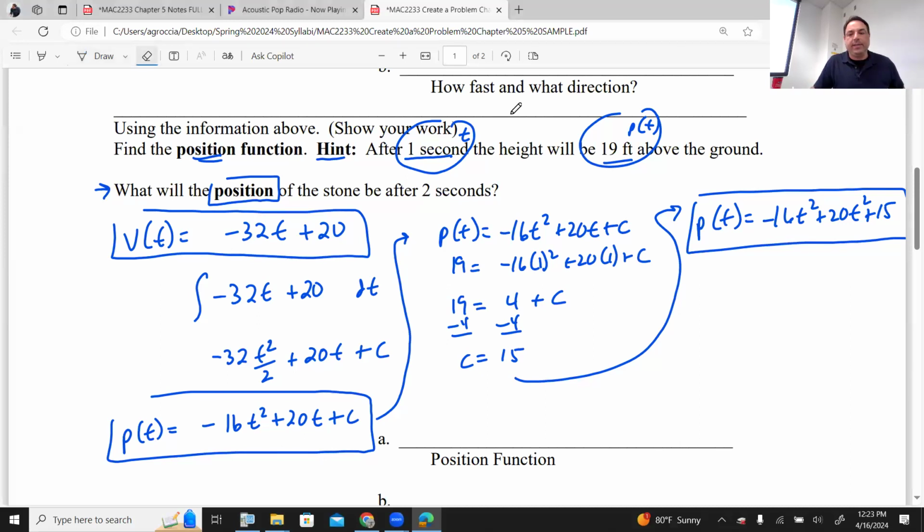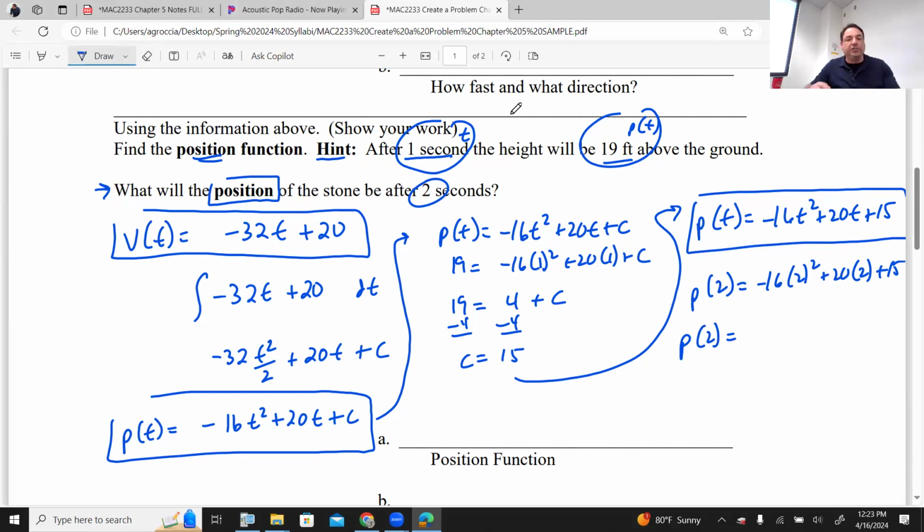Thanks for catching a little typo right there. Thank you. So it's -16t squared plus 20t plus 15. Now that we have that, we want to know what's the position after 2 seconds. So if we plug 2 in for t, again, a lot of times the mistake is just plugging it in. The work is correct, but the answer is wrong.